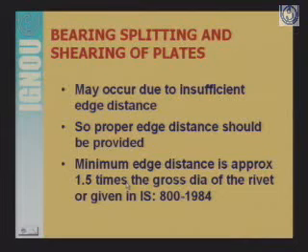Now, bearing, splitting and shearing of plate. These three types of failure may occur due to insufficient edge distance, as I told you earlier. So what is the remedy? The remedy is to provide the proper or appropriate edge distance while you are designing the connection.